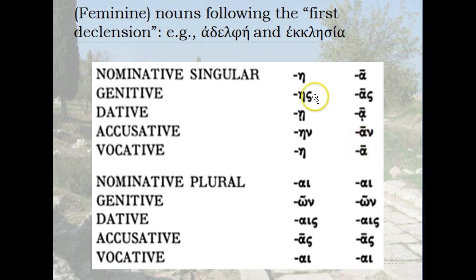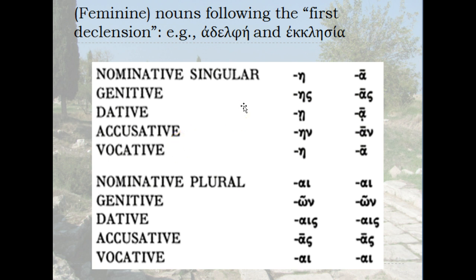And I would work through a paradigm all the way down, just as I urge you to do with the present active indicative. Don't think simply of the word adelphe, sister. Think of the entire paradigm to yourself so you begin to get used to the meanings or the senses that these cases bring to the noun.